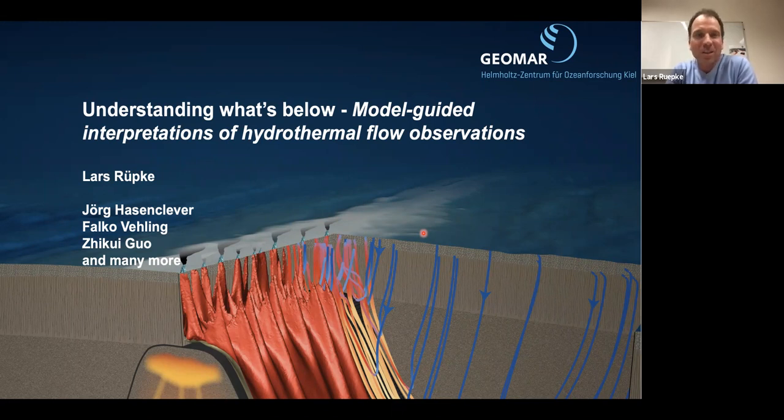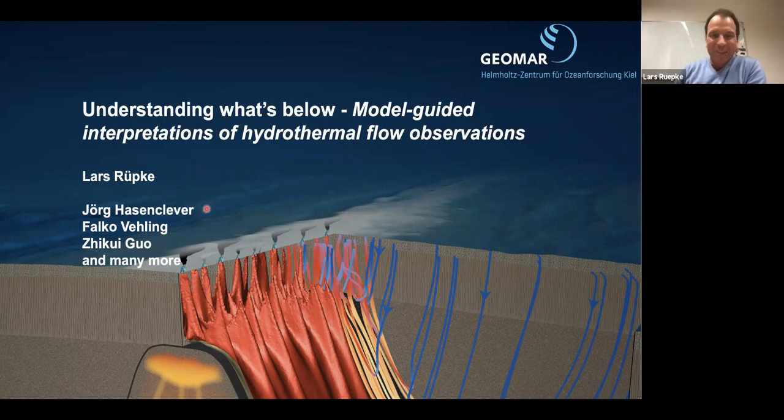Falco Fehling, who is finishing his PhD, has developed our initial solver for multi-phase flow and implicit calculations of multi-phase flow. Shikui Go is a postdoc in our group here, and he is mainly doing all the open source stuff, making new solvers and also making open source versions of the equation of state. And then there have been many more, especially from the geo departments here, helping me to understand the data and the various aspects of hydrothermal systems.